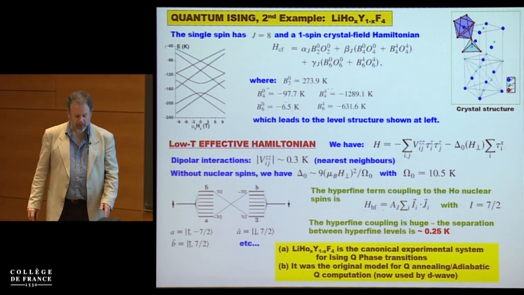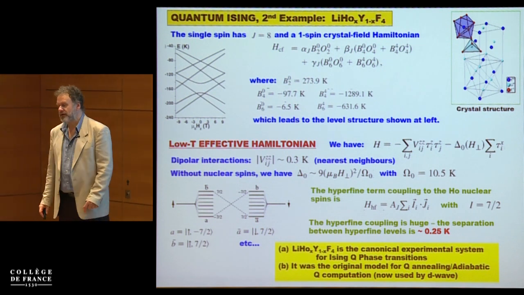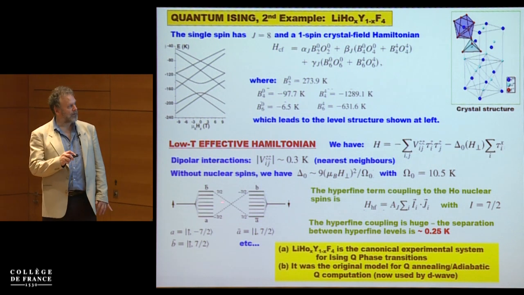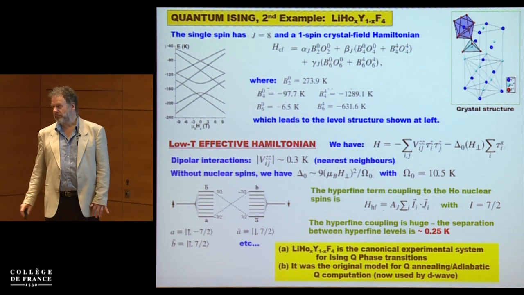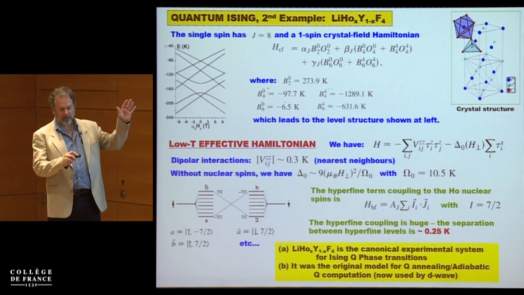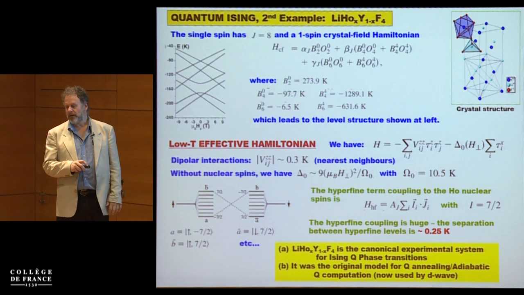And it explains why the quantum phase transition happens at such high fields in this system. You have to apply an enormous field, transverse field, to overcome this nuclear spin blocking mechanism. But you also see that if you can put them at finite temperature, all of these levels will be populated. So if you have some levels here that are populated, then you can go from here to here, which is much easier.